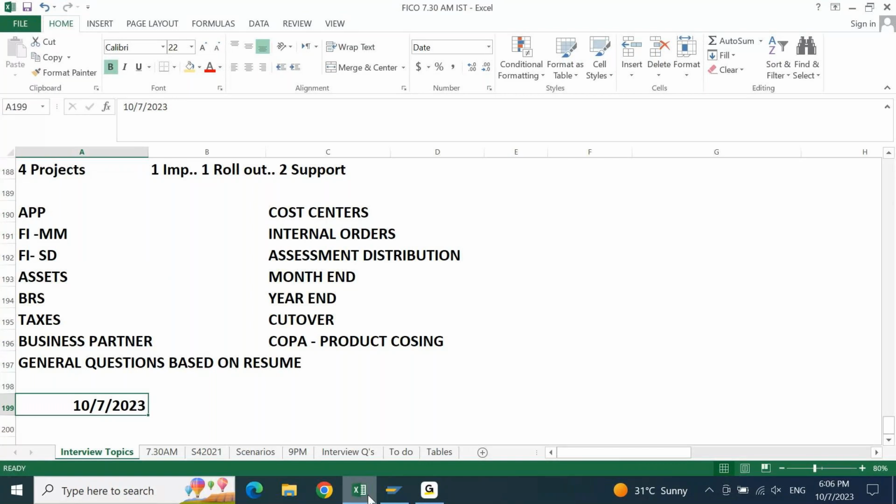Anybody remember those 5 key combinations of SD accounting determination for revenue account? Yes, sir. Hello. Yeah, go ahead. It's account assignment group for customers, chart of accounts, account assignment group for materials, and the condition type, I guess, and the revenue account.